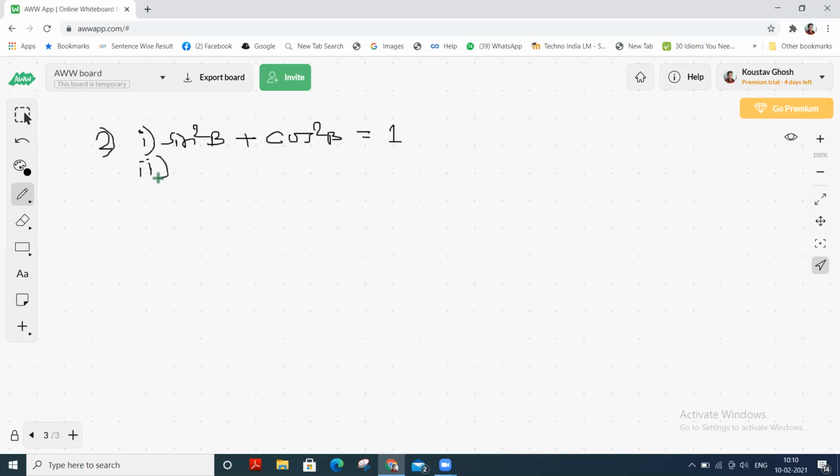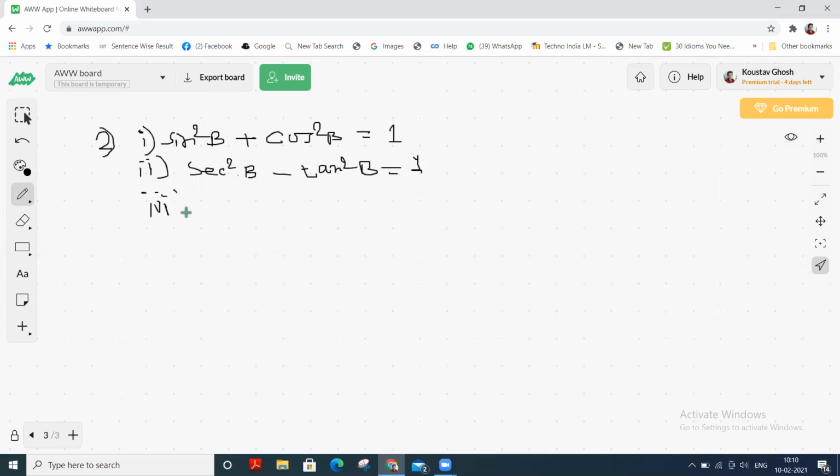Next, sec square B minus tan square B equals 1.